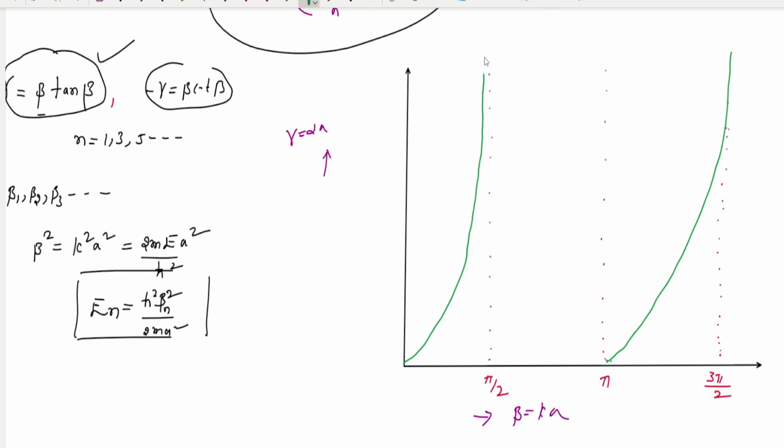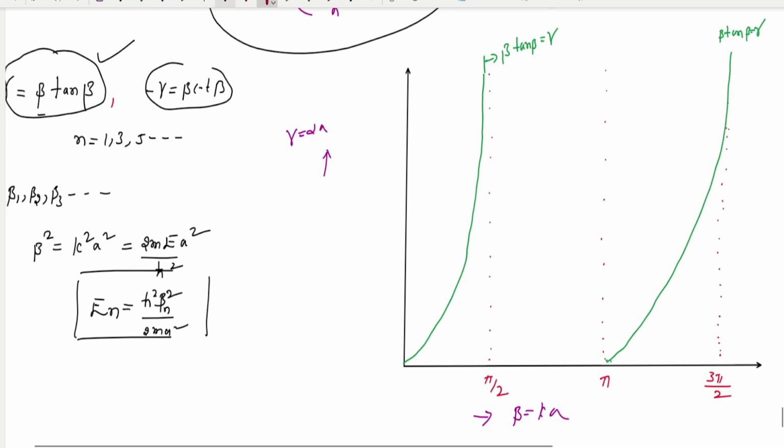So this curve is beta tan beta equal to gamma, and this curve also beta tan beta equal to gamma. So these are the beta tan beta values. Then minus gamma, so here minus is there. Then we can get these values in opposite directions.